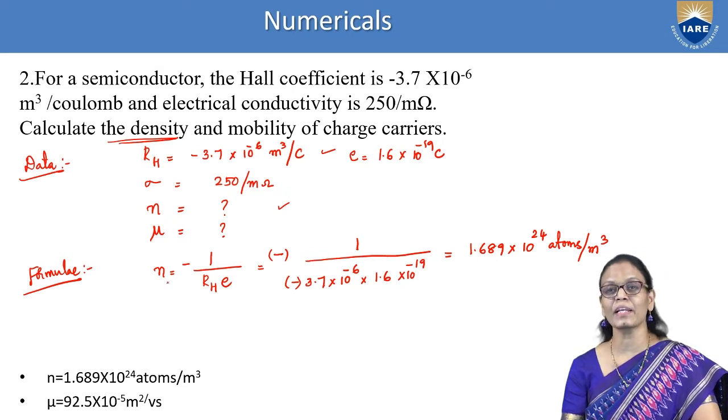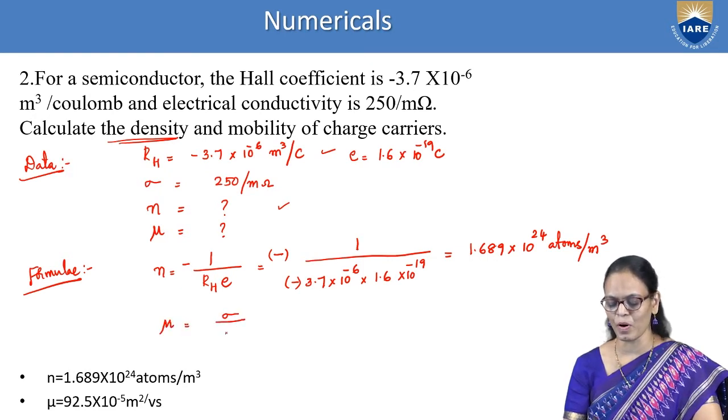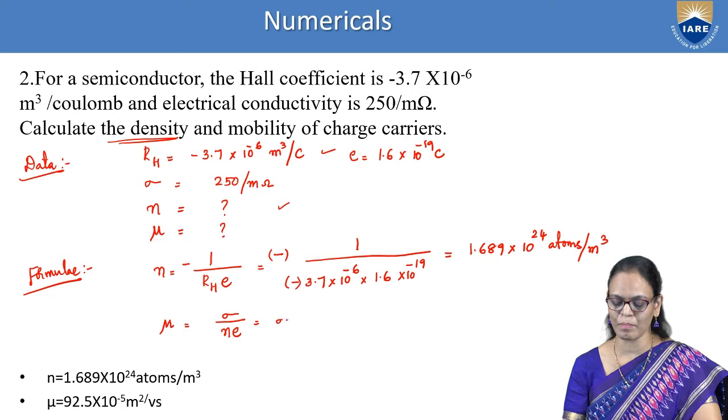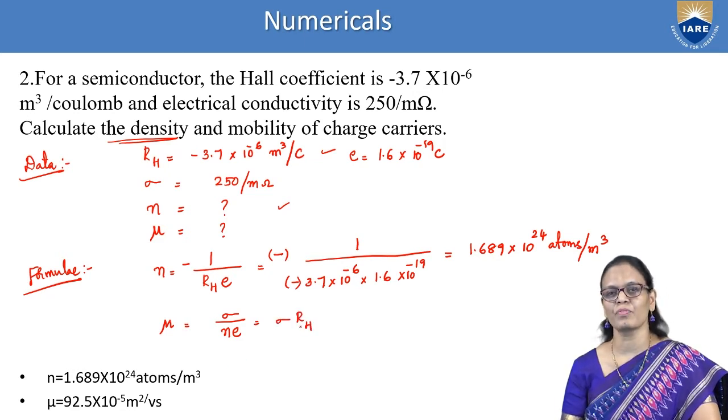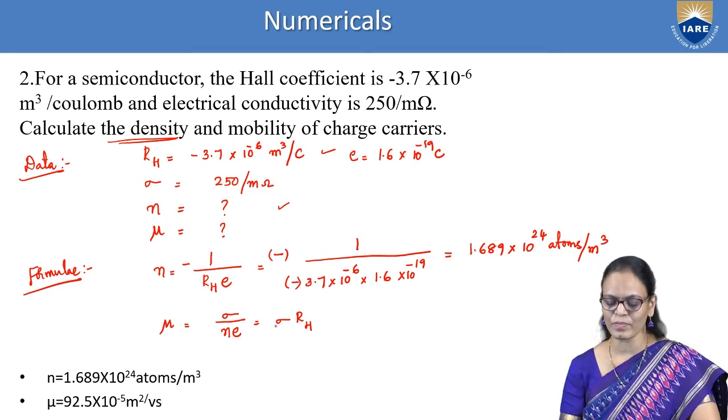So once you get N, you have to find the mobility mu. What is the formula for mu? Mu is equal to sigma upon Ne. Or we can also use sigma into RH. Both are fine. Once you find N, you can use sigma upon Ne. Or you know the value of sigma, you know the value of RH, you can directly substitute.